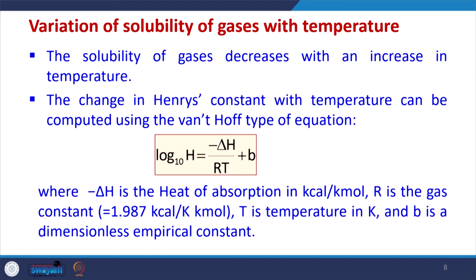So, oxygen solubility also decreases. So, any thermal power plant etcetera cannot increase the temperature of the water beyond a certain value. Generally only a 10 degree rise is permitted. That is why the solubility of gases decreases with an increase in temperature.